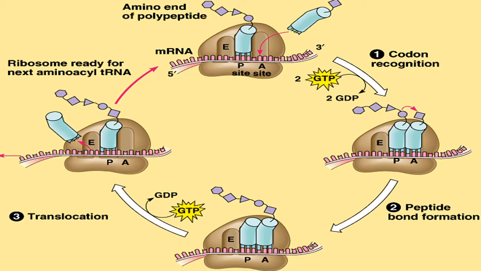Number 3, translocation. The tRNA in the P site is removed. eEF2 and GTP transfer the tRNA with peptide from the A site to the P site. So from A site to P site.